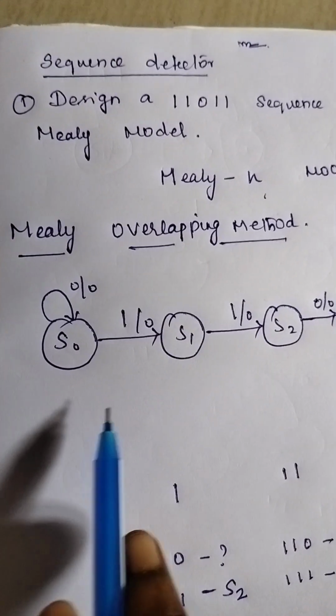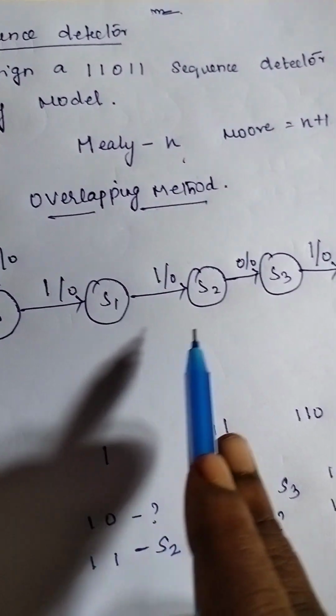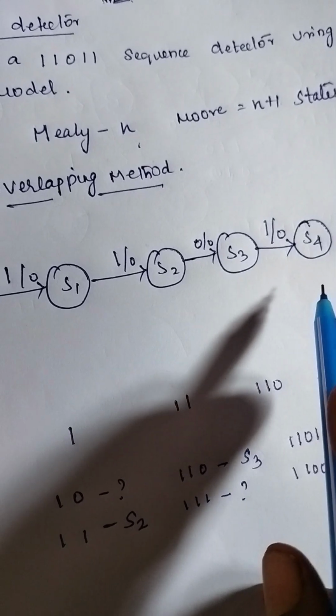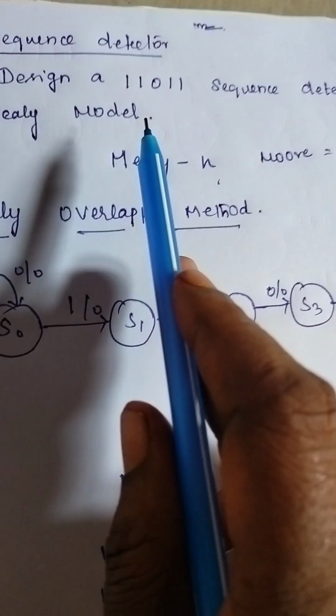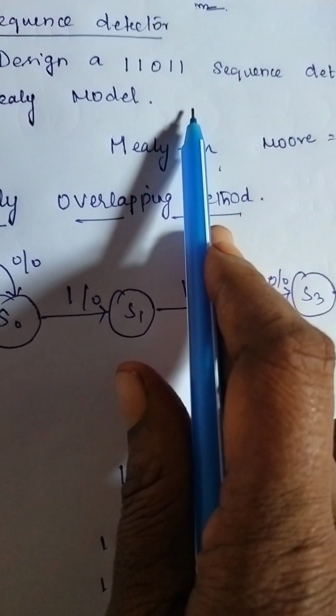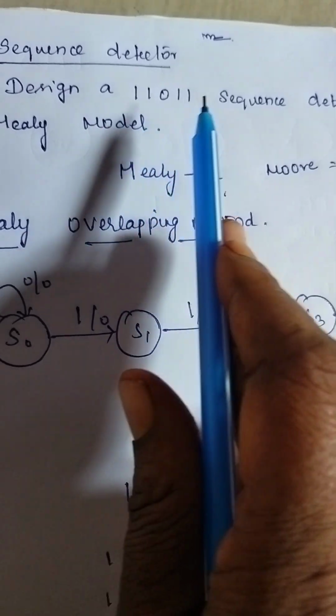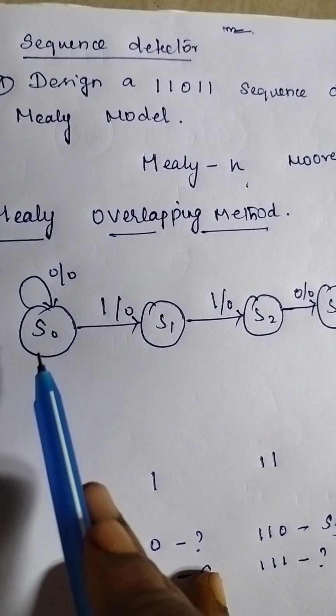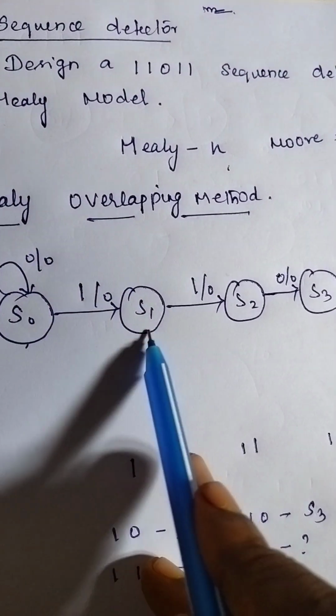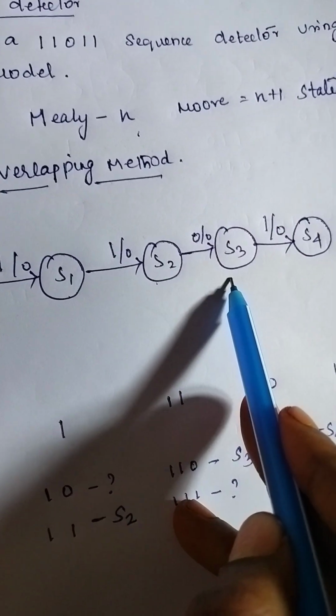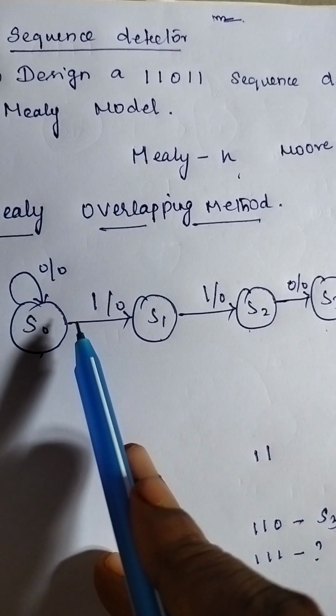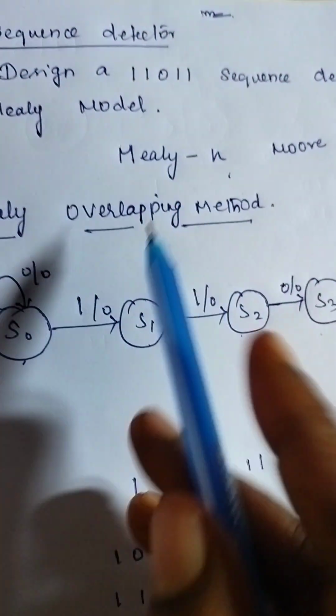So you have 5 states: S0, S1, S2, S3 and S4. Always remember that whatever sequence they have given should be taken as each state. Initially I started with S0, then S1, S2, S3 and S4. Also write the sequence they have given.